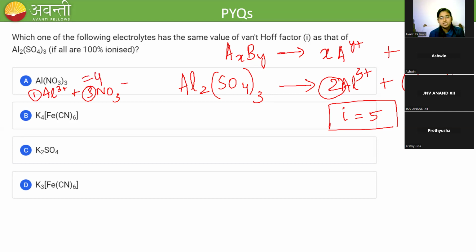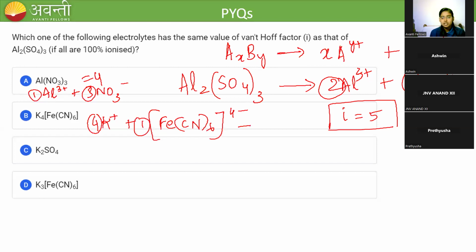And when you check option B, we have 4 potassium and 1 coordination entity, Fe(CN)6 4-. So we have 4 cations and 1 anion, which will give us the value 5. So here we are getting the value as 5. So option B is the correct answer.